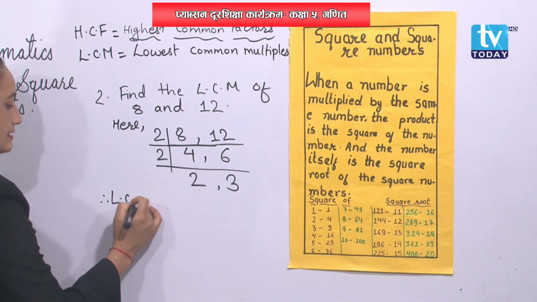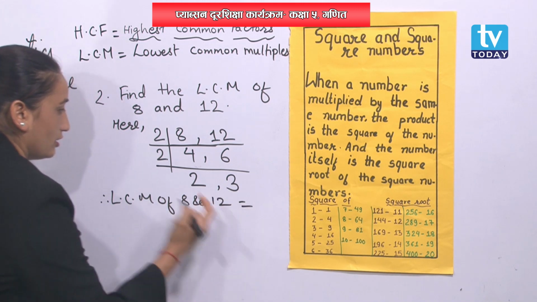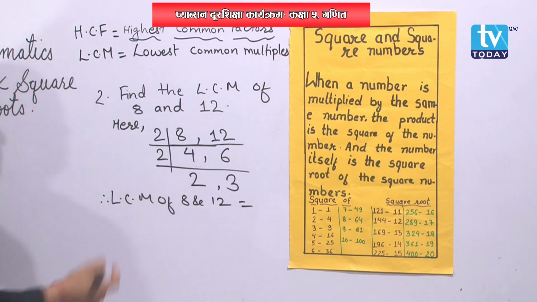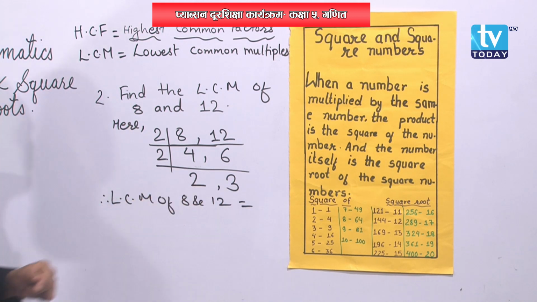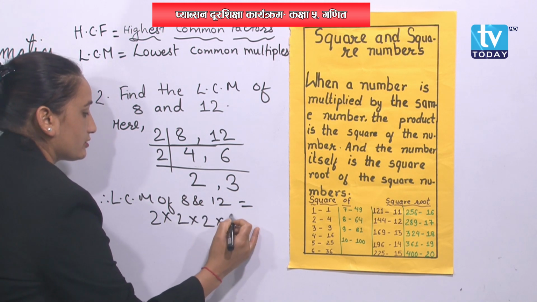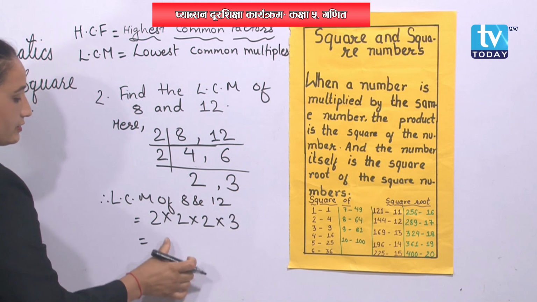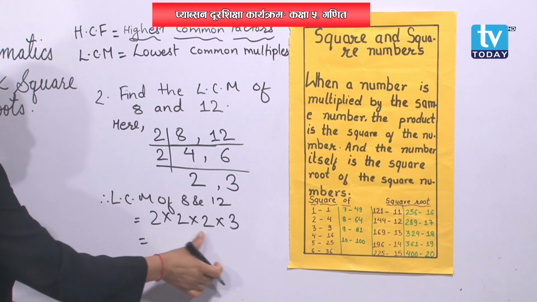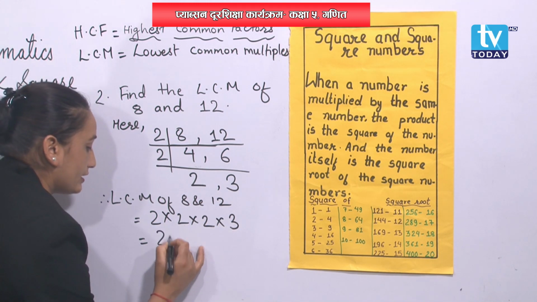Therefore, LCM of 8 and 12 equals 2. Let's multiply all these numbers because they are the multiples, right? Let's multiply all these numbers now. 2 into 2 into 2 into 3. What will be the answer? You can write over here 2 times 2 is 4, 4 times 2 is 8, 8 times 3 is 24.